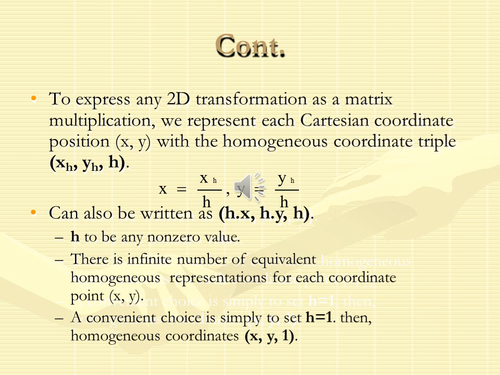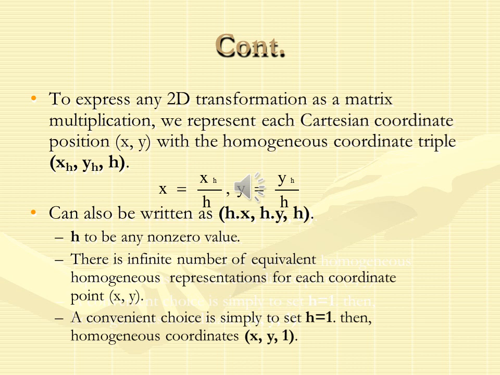To express any two transformations as a matrix multiplication, we represent each Cartesian coordinate position x, y with the homogeneous coordinate triple xh, yh, h. So x is equal to xh divided by h and y is equal to yh divided by h, which can also be written as h·x, h·y, h, with h a non-zero value.